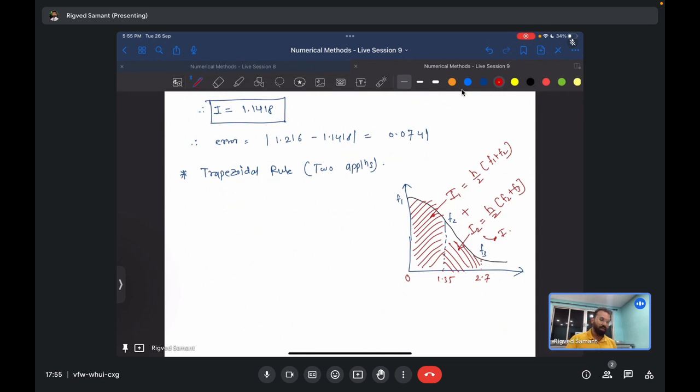Now what happened is, you have two steps. You have to first apply it here, then apply it there, and then add them. So I is equal to I1 plus I2, where I1 is equal to h by 2, f1 plus f2. So h is what now? This is h. So h would be 1.35.